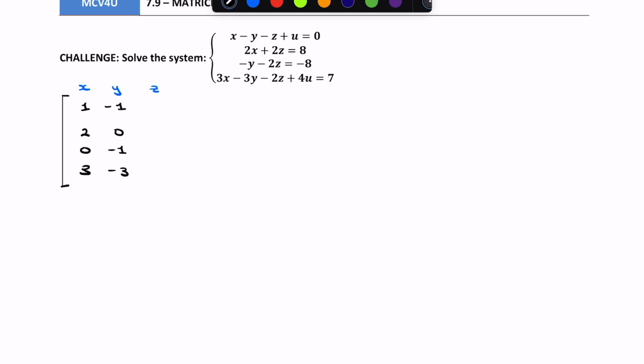Third column for z, which will be -1, 2, -2, and -2. And then the last one will be for u. And for u will be 1, 0, 0, and 4. And again, our constants are 0, 8, -8, and 7.